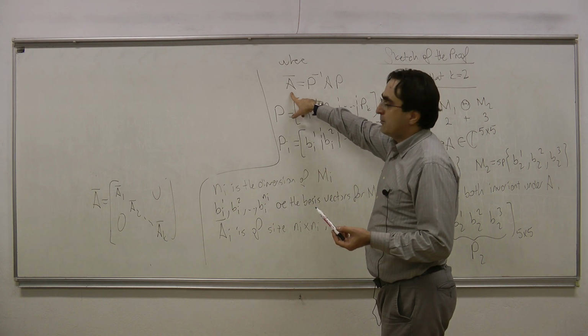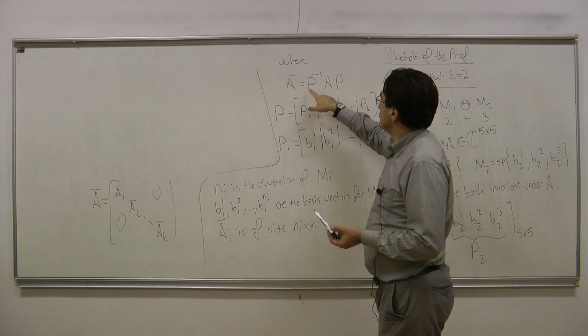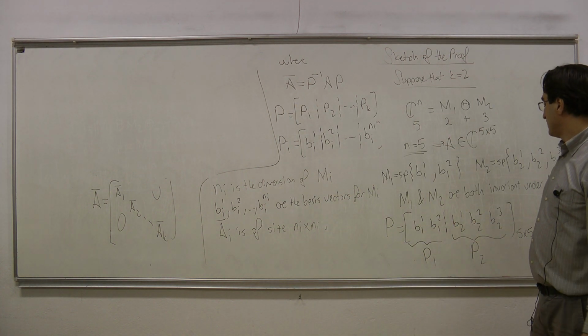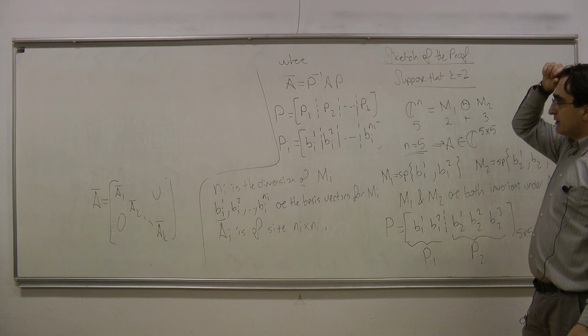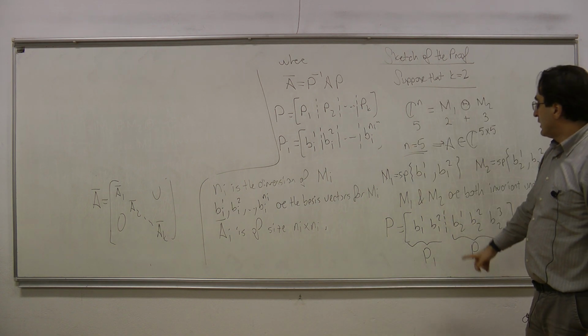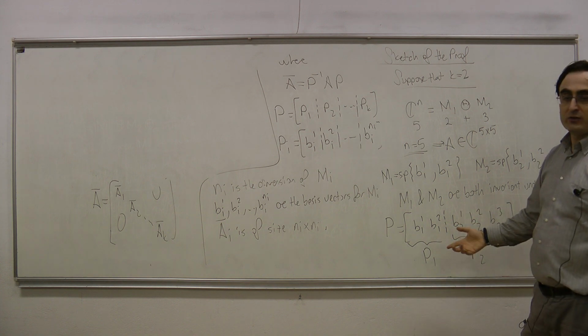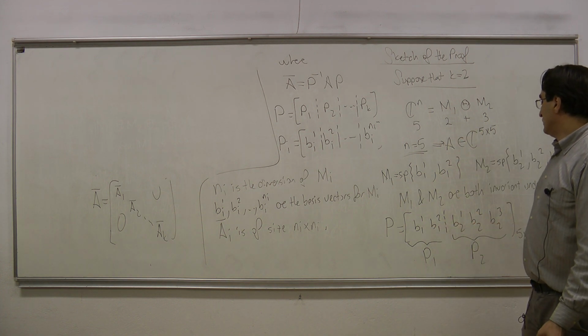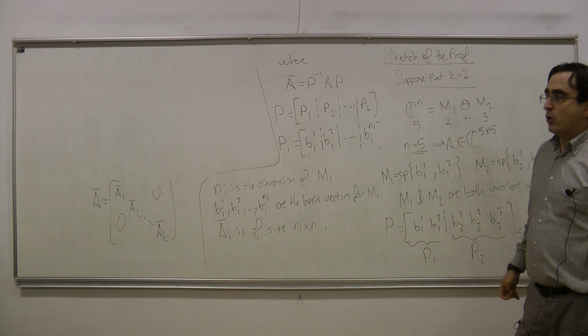So in order to find A bar, do I need to calculate the inverse of this matrix, which is unknown now? I didn't give any numbers here. So the answer is going to be no.